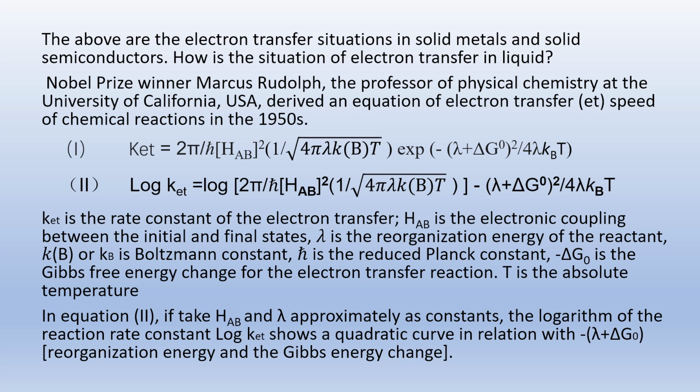In formula 2, if we take H_AB and lambda approximately as constants, the logarithm of the reaction rate constant, log k_ET, shows a quadratic curve in relation to lambda plus ΔG0, the reorganization energy and the Gibbs energy change.